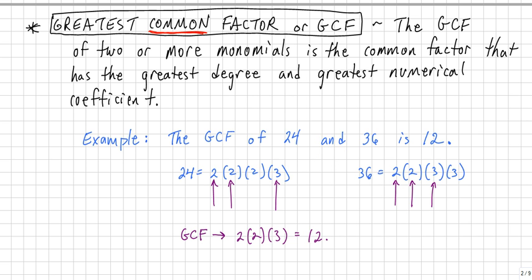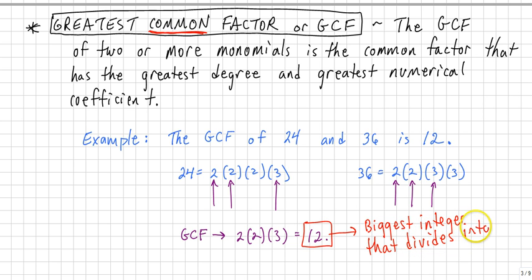Another way to think of the greatest common factor is the biggest integer that divides into 24 and 36 evenly.